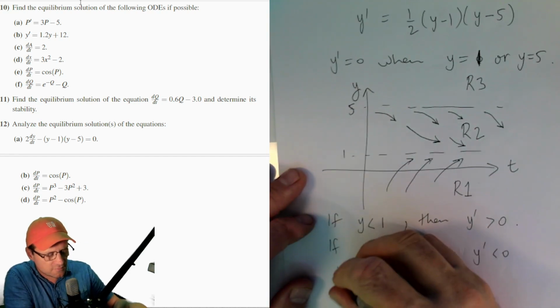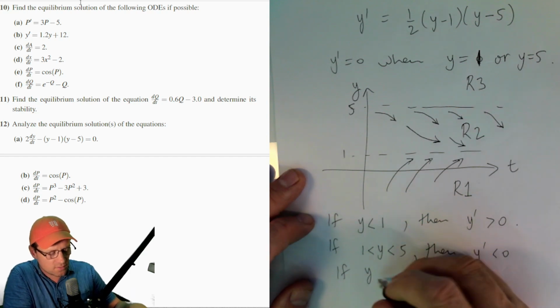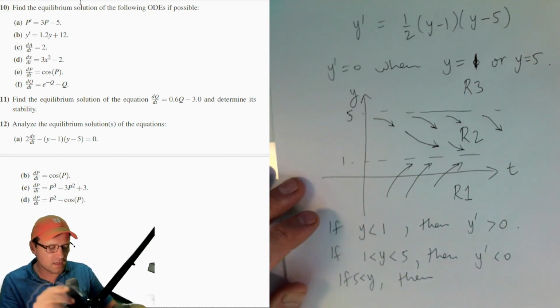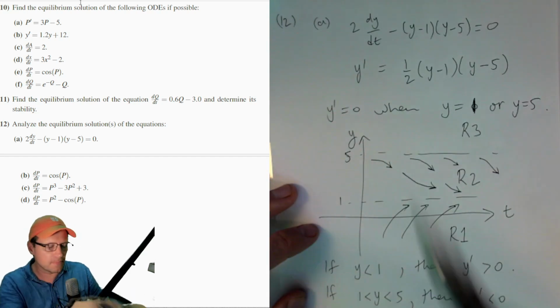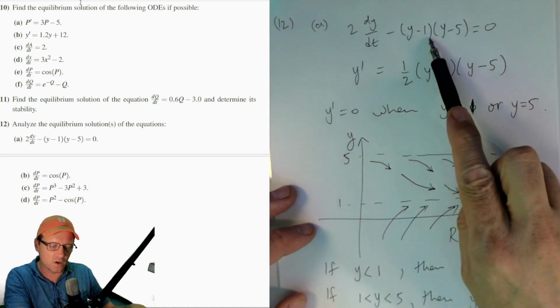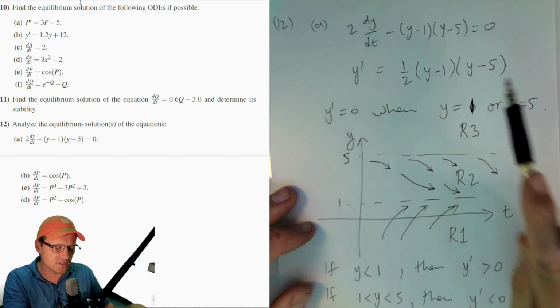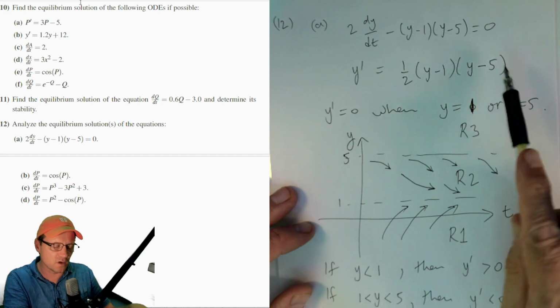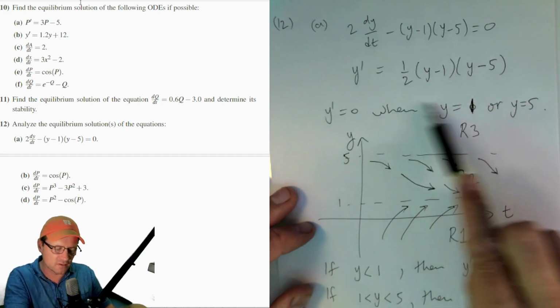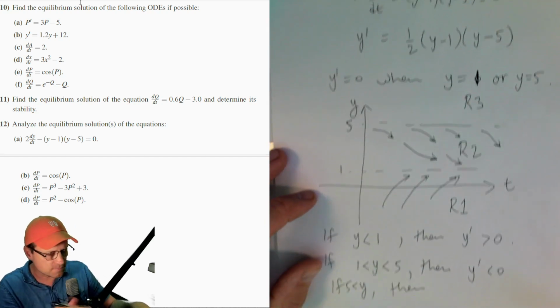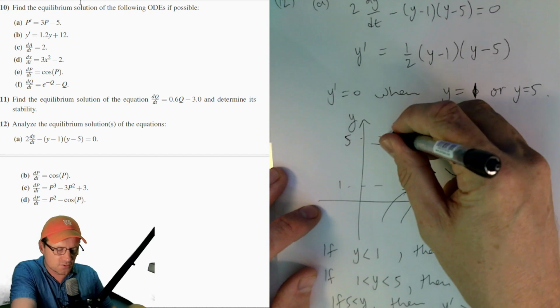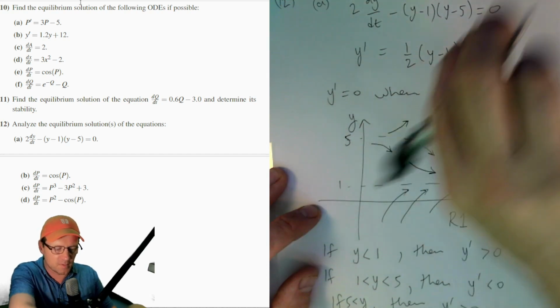All right, so if y is greater than 5, then let's choose a number, say 6. 6 minus 1 is 5, that's positive. 6 minus 5 is 1, that's positive. So we have a positive y dash. Okay, and so trajectories go up and to the right.